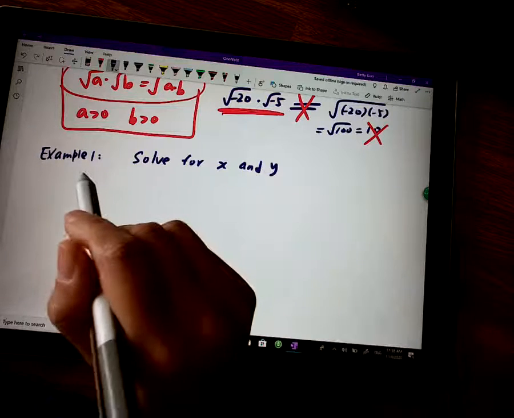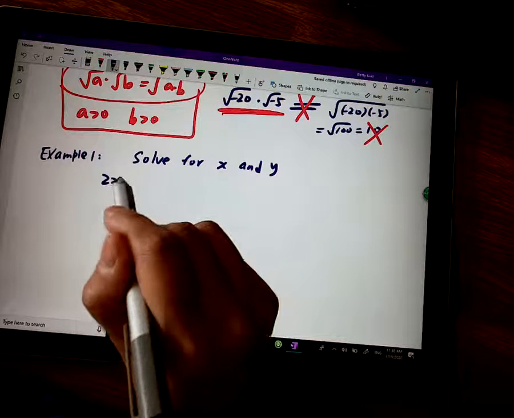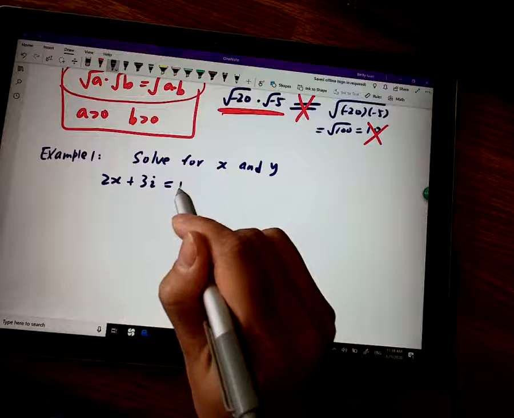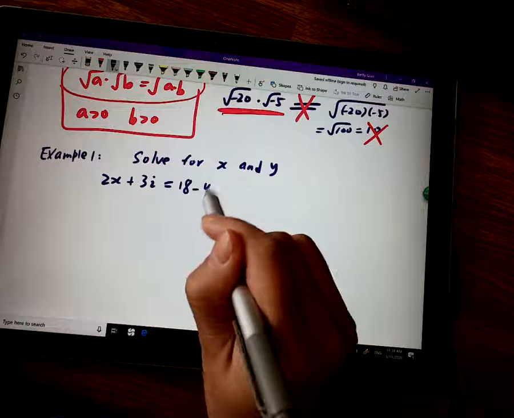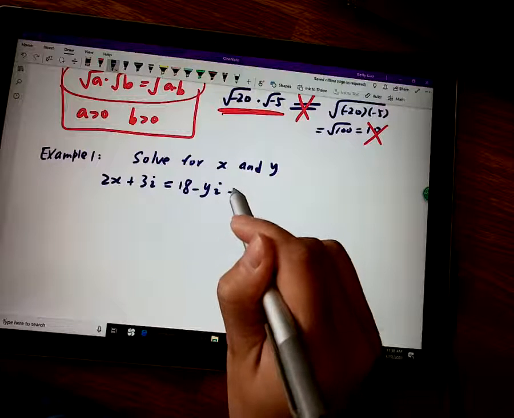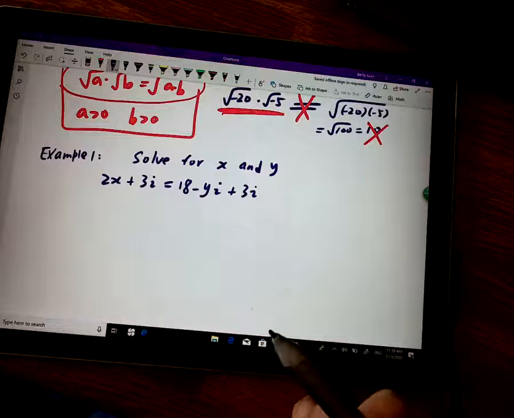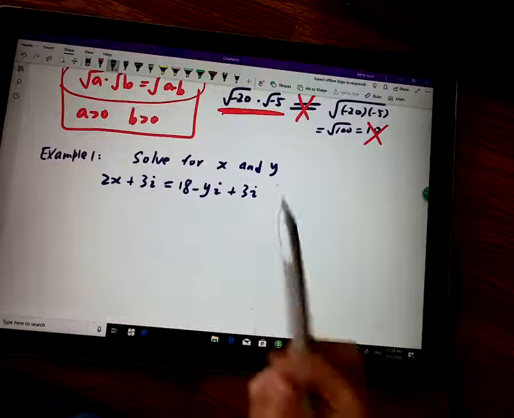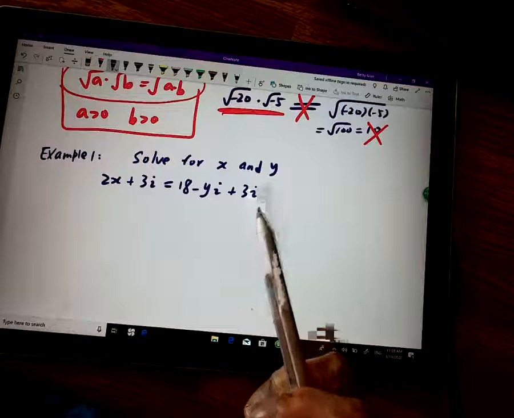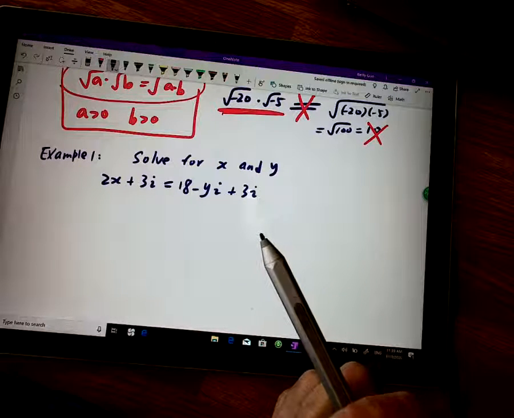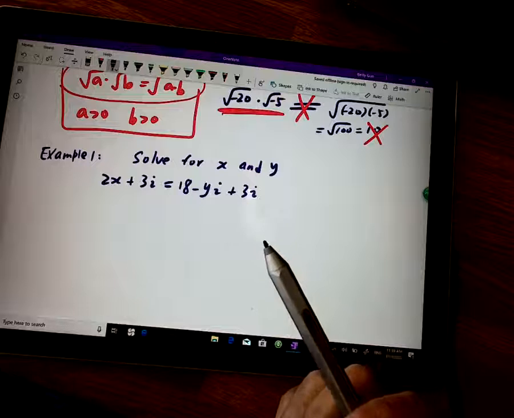You have 2x plus 3i equals 18 minus yi plus 3i. By the way, x and y are the only unknowns in the equation. i is not unknown. i is a letter, yes, but it is known. It is a complex number. It is the imaginary unit.